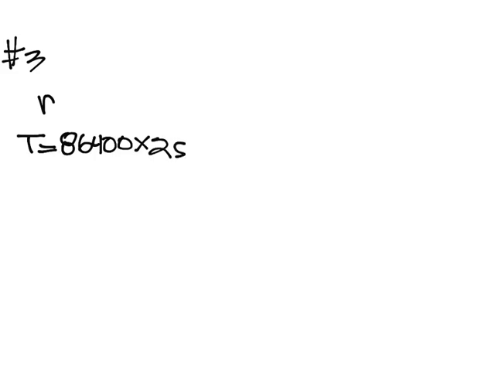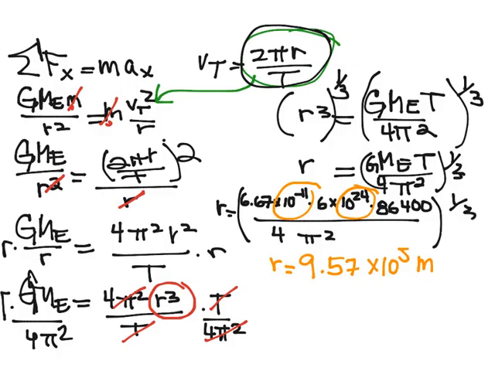So we can actually use the final equation that we found. We can use the cube root of G me t squared over 4 pi squared, to the 1/3, except we're going to plug in a different t, because the mass of the Earth is staying the same, G stays the same, 4 stays the same, and pi stays the same.